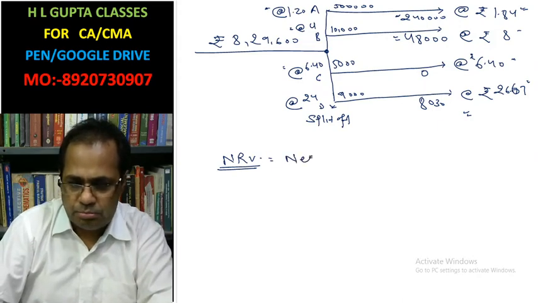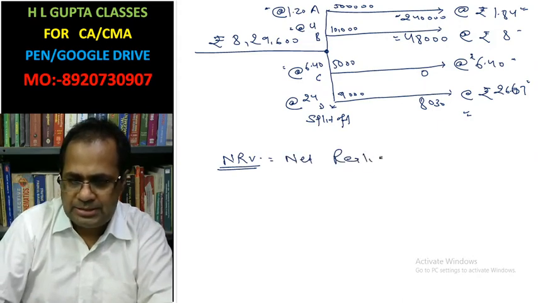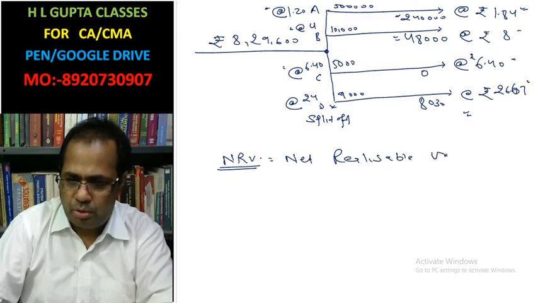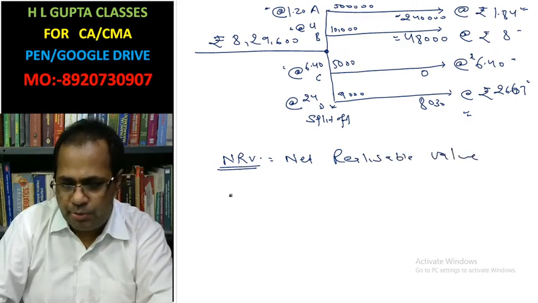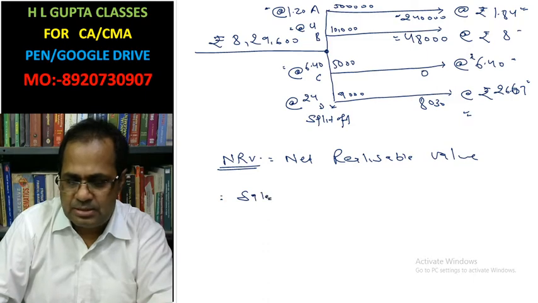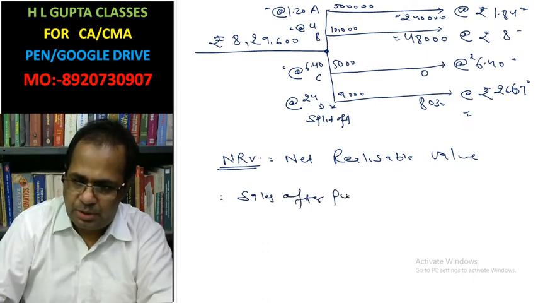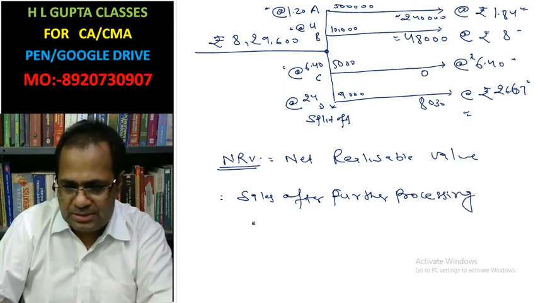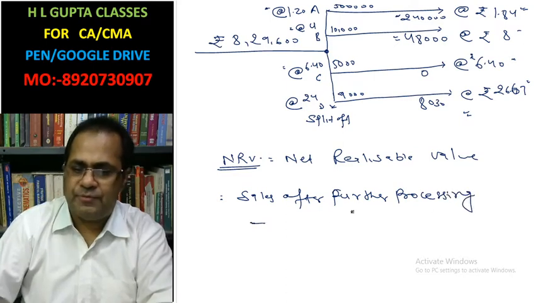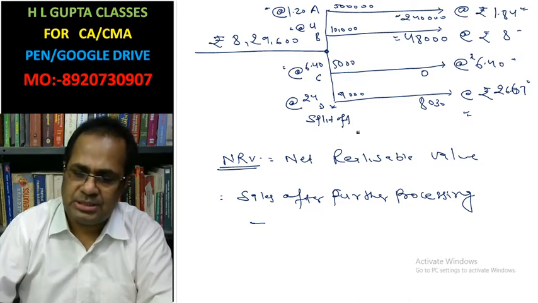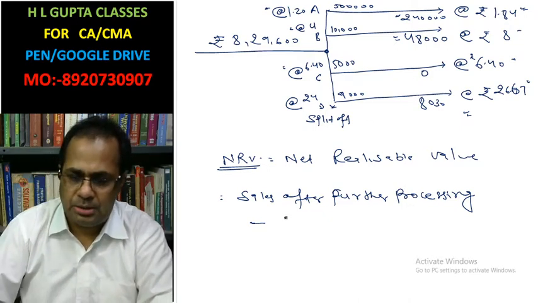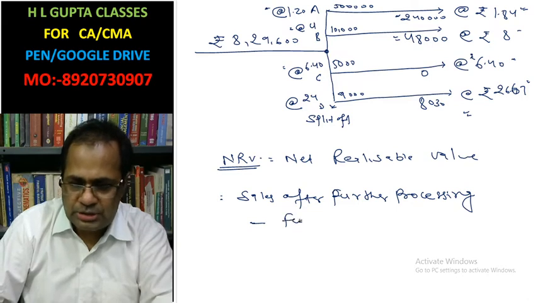Net realizable value equals sales after further processing minus further processing cost.